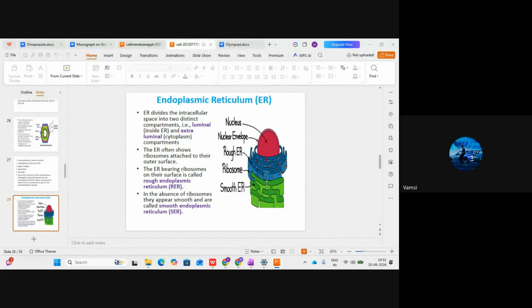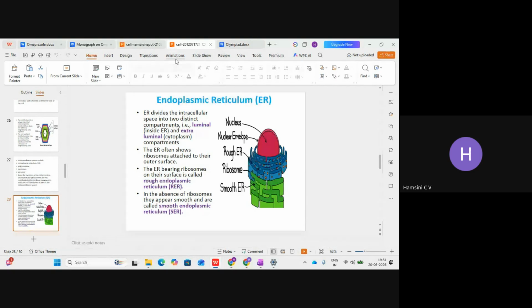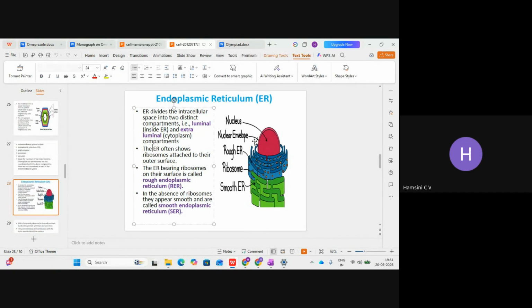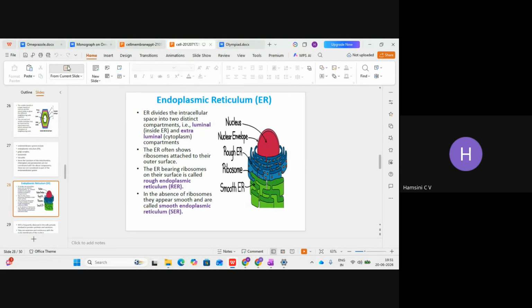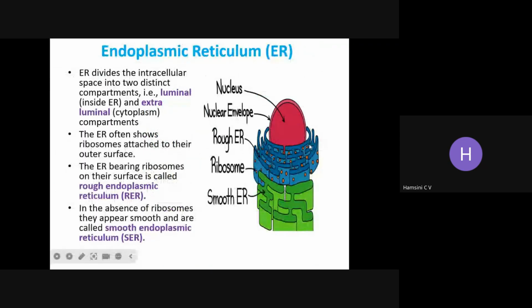Yes, ma'am. After that, I was telling that the one with ribosomes is called rough endoplasmic reticulum, and the one without is called smooth endoplasmic reticulum. I told you to write only this first point because it is not there anywhere else.